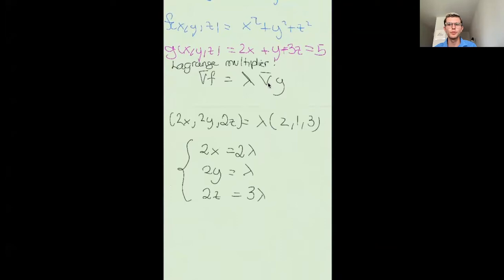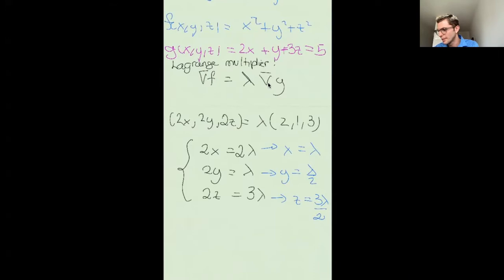And so what do you do here? The easiest thing to do in this case is to write everything in terms of lambda. So you can say that x equals lambda, then y equals lambda over 2, and z equals 3 lambda over 2. Is that making sense? So far so good? Now everything is in terms of lambda, but you can also use the fact that 2x plus y plus 3z equals 5.